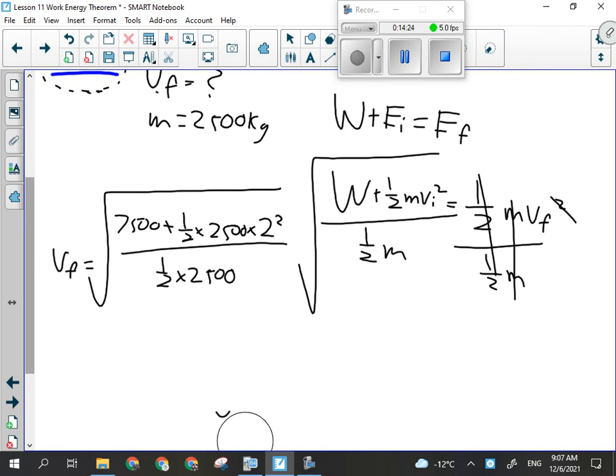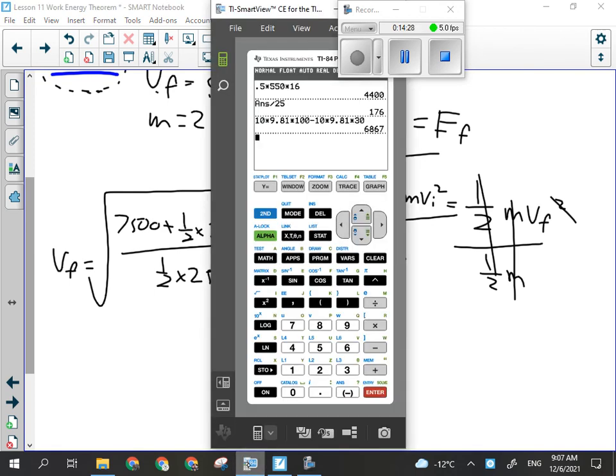So if I plug all that into my calculator one piece at a time, 7,500 plus 0.5 times 2,500 times 2 squared. I keep doing minus. I'm such a negative person today. Then I'm going to divide that by 0.5 times 2,500.